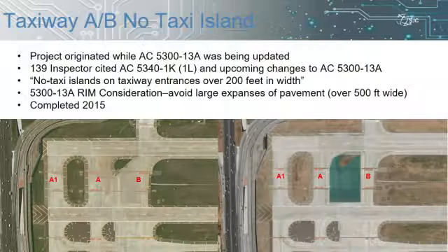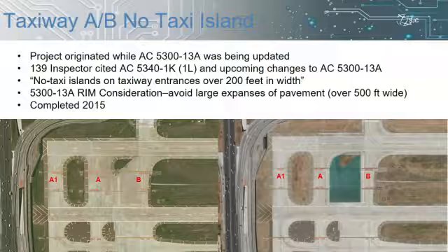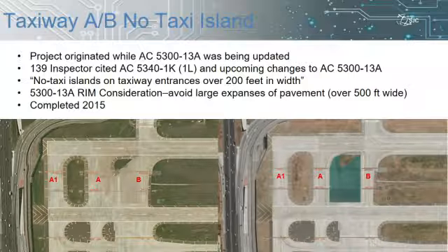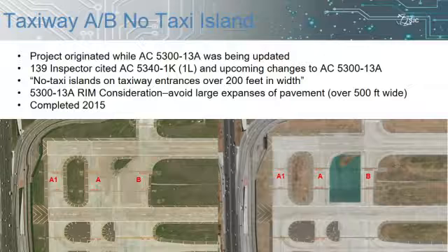So 5300-13A RIM consideration also talks about avoid large expanses of pavement, which Jeff mentioned in his presentation as well, and this one was over 500 feet wide, so it was an excellent project to move forward with, and this was only recently completed in 2015, well after 13A was updated and out there.